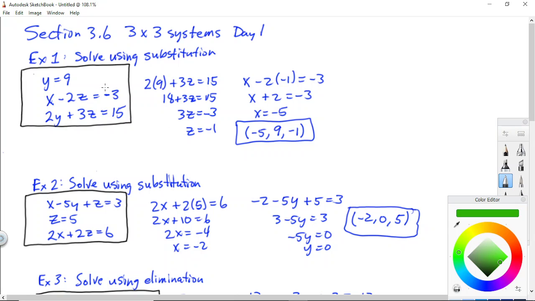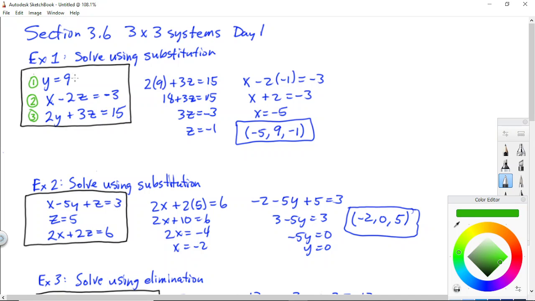So the method of substitution, which is the way we're doing this first one, is actually more convenient than elimination for some systems. And we'll see this one works out pretty well. So we'll call this equation 1, y equals 9. We'll call this equation 2, and this equation 3.